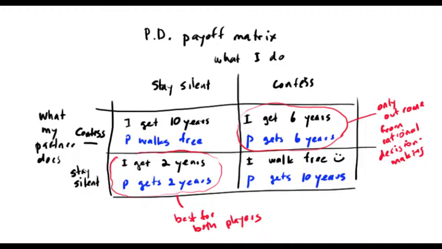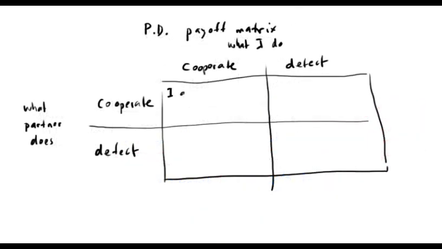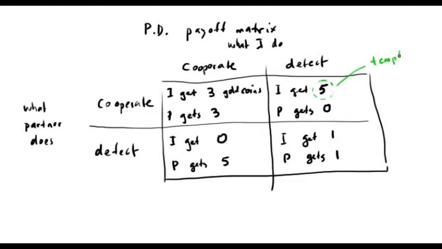In place of years in prison, which are kind of like negative points, we quantify payoffs in terms of gold coins, which most people are presumably happy to get. Now, using positive points means that we have to change the numbers around a bit. Instead of going free with no jail time at all, we use the highest payoff of 5 coins. This is called the temptation.